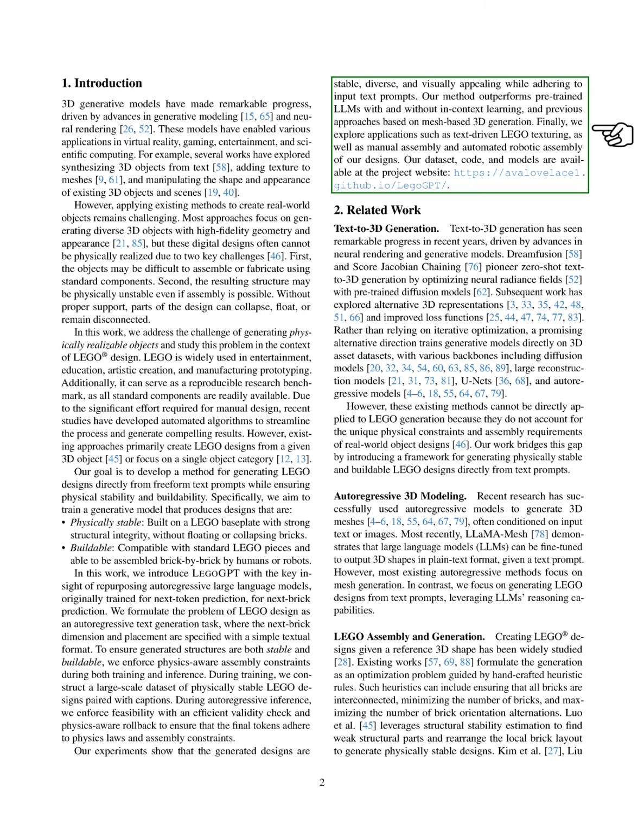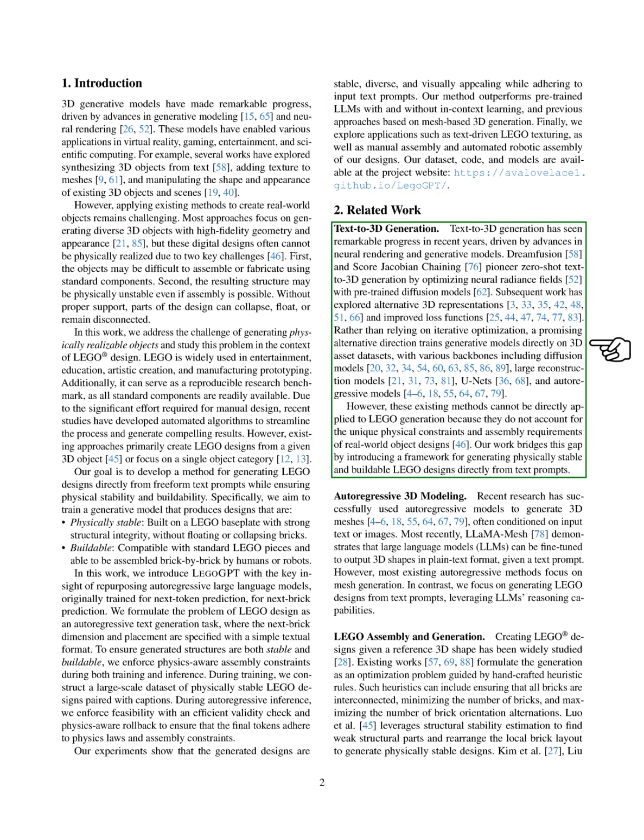In the related work section, we note that text-to-3D generation has advanced significantly, with methods like DreamFusion and scored Jacobian chaining leading the way in zero-shot generation. Other studies have looked into different 3D representations and improved loss functions. While some approaches train generative models directly on 3D asset datasets, they do not consider the specific physical constraints of LEGO designs.